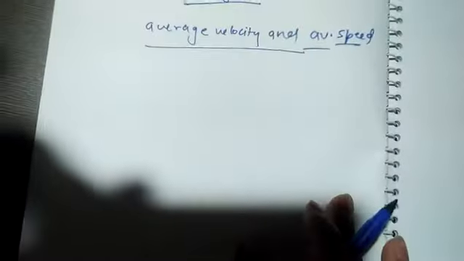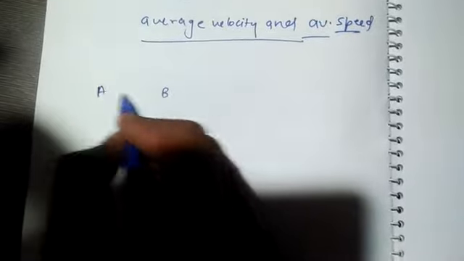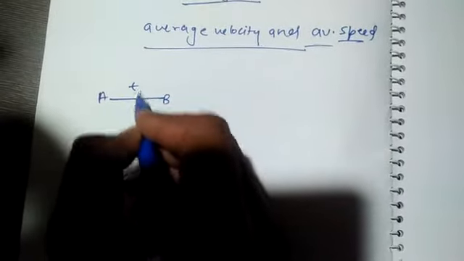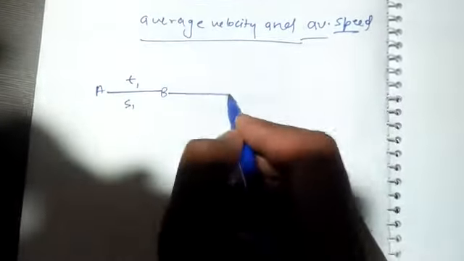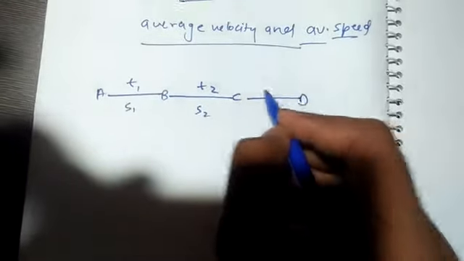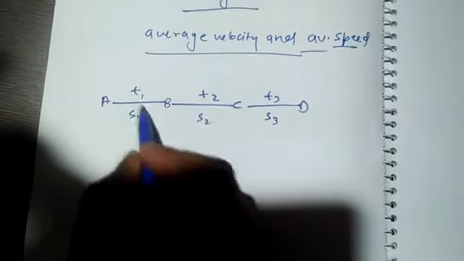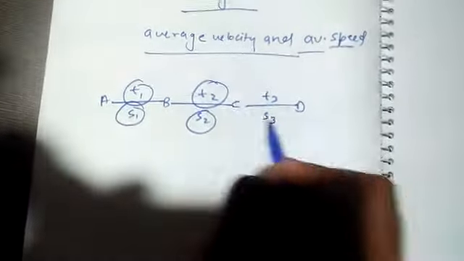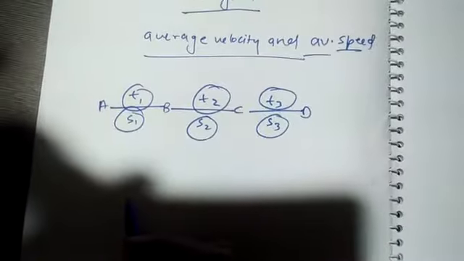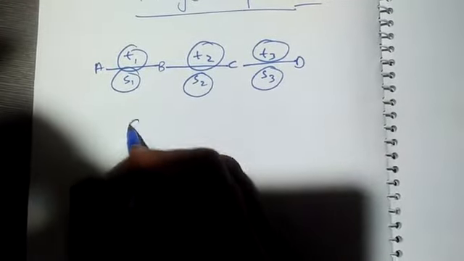Suppose one man goes from A to B in t1 seconds covering s1 distance, B to C in t2 seconds covering s2 distance, and C to D in t3 seconds covering s3 distance. That means different distances are travelled in different times. Then what will the speed be? This is called average speed.